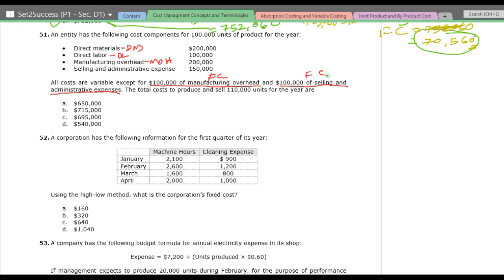So let us classify as fixed cost and variable cost. We have direct material, direct labor, manufacturing overhead, and selling and admin expense.